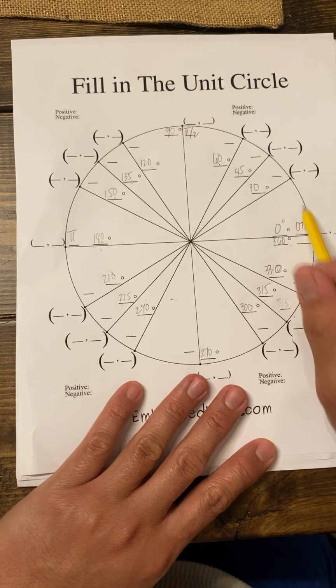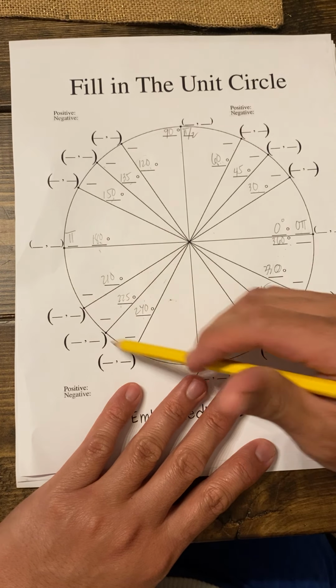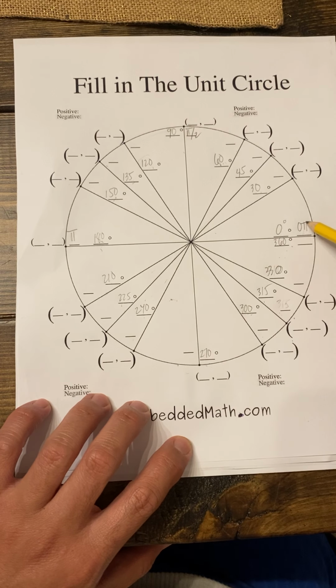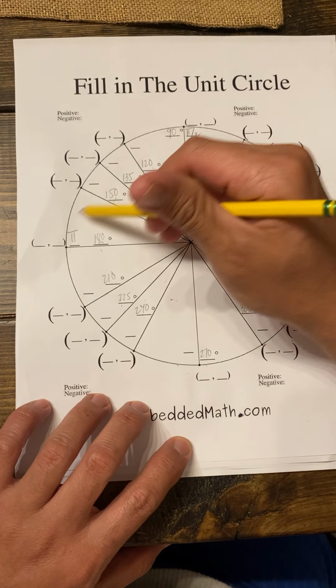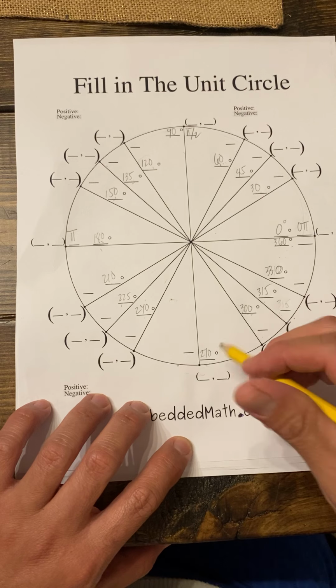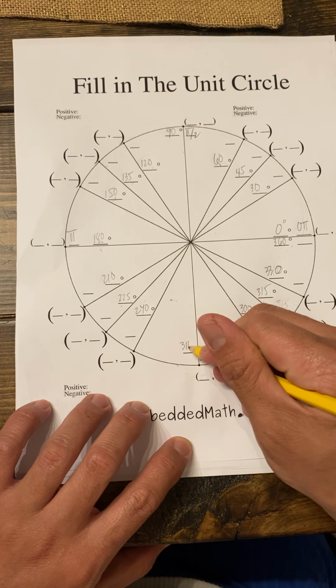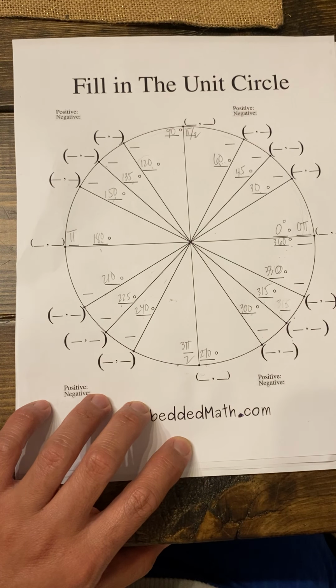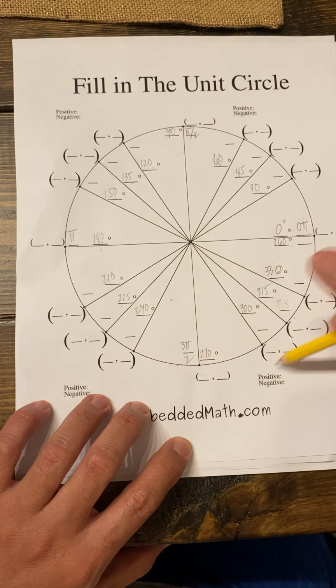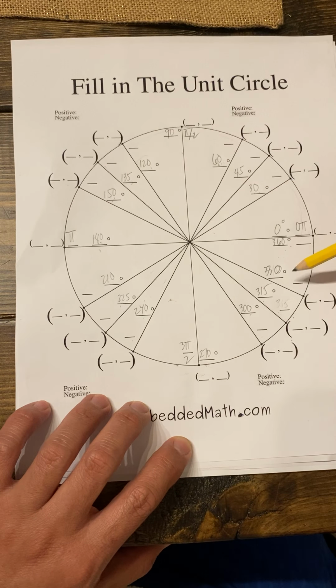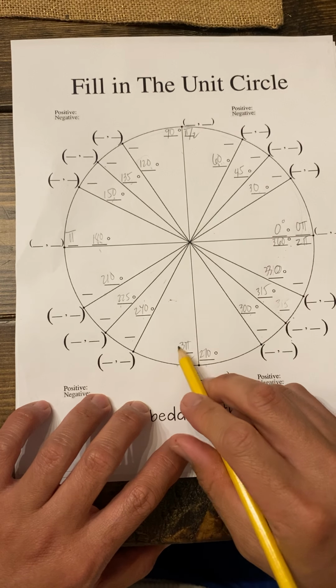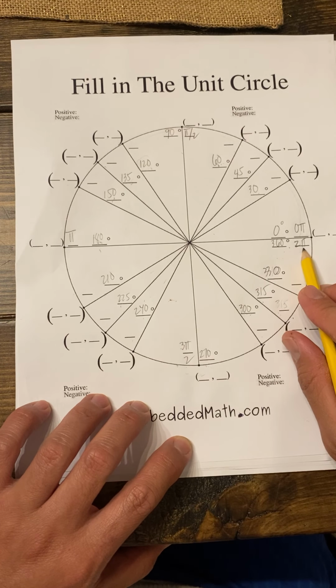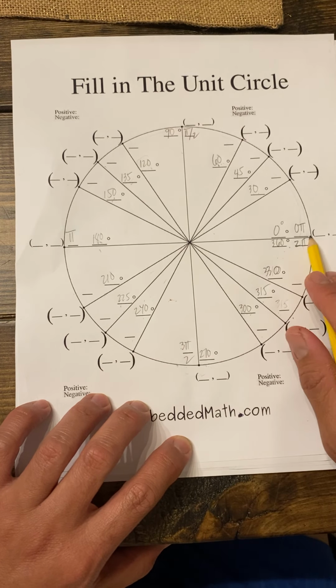A pi and a half will be 3 pi over 2. Then a full revolution is a pi and another pi, so 2 pi. That's why 3 halves here is 1.5 and this is 2. So half, full, 1 and a half, and 2 pi.